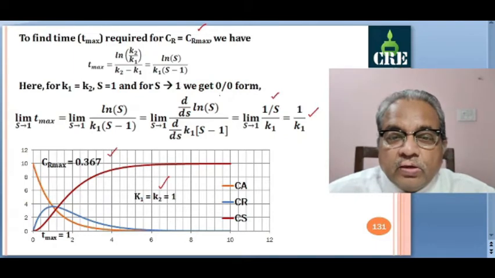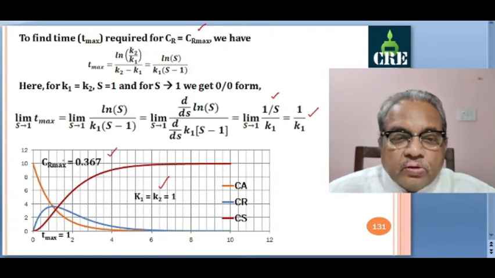If you take another value, say k1 is equal to 2 and k2 is also equal to 2, in Excel sheet you take k1 is equal to 2 and k2 is equal to 1.999 and draw this. So this CR max value will always be 0.367 for any value of k1 equal to k2, whereas the time at which it is reached will change.